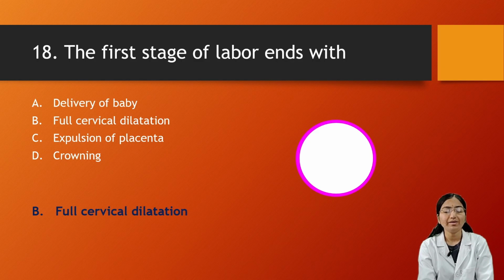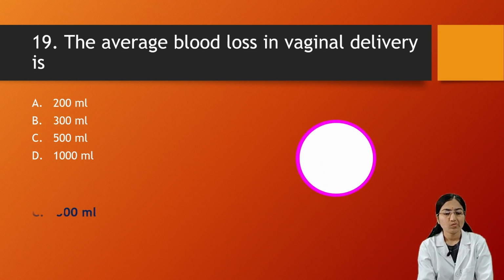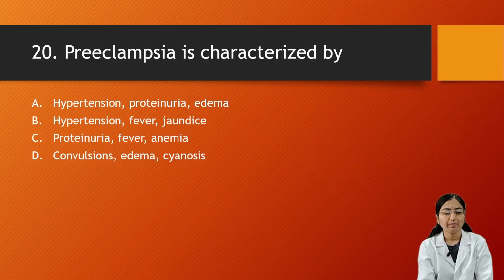Full cervical dilatation. The average blood loss in vaginal delivery is? 500 ml. Preeclampsia is characterized by?